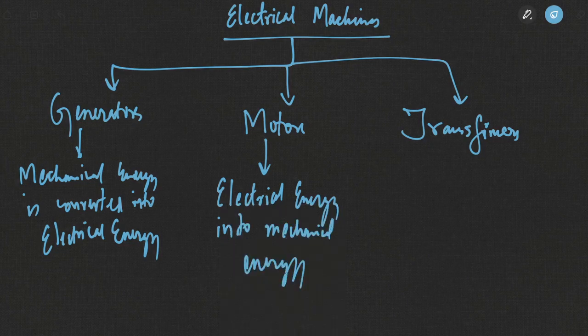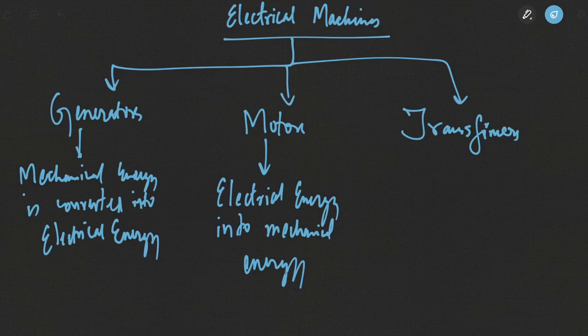This can be put to use for different purposes at residential level, commercial level, or at industrial level. If we talk about residential applications, you have motors in electric fans, you have motors in water pumps, you have motors in washing machines. So different types of applications are there of motors.